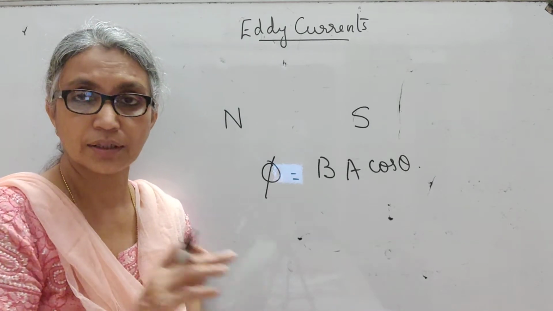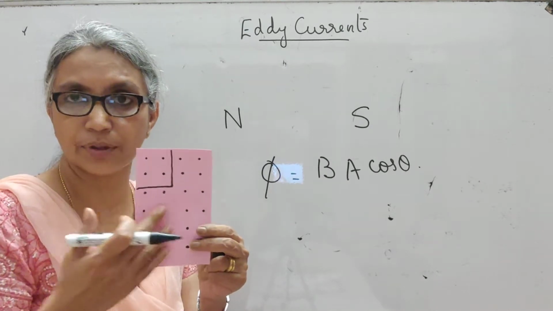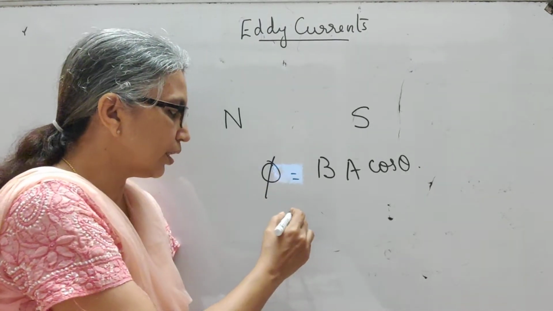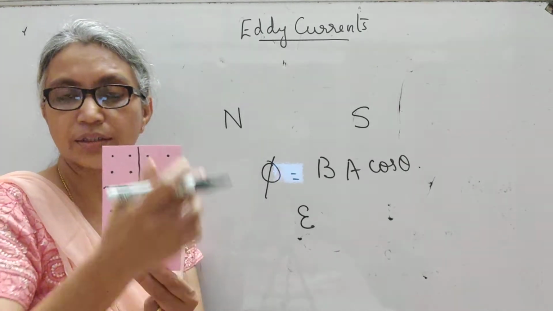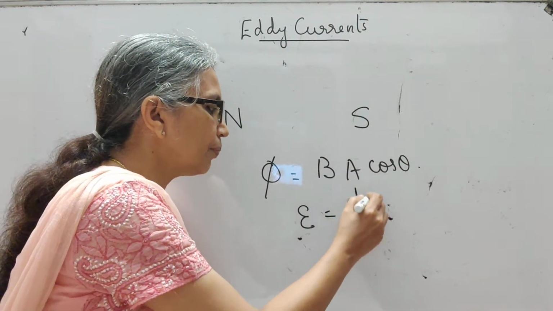Faraday's law says that if by any means you can change the flux, that is the number of field lines passing perpendicular through any coil, then there is an induced EMF which produces an induced current to flow through the coil, and this is given by d phi by dt.